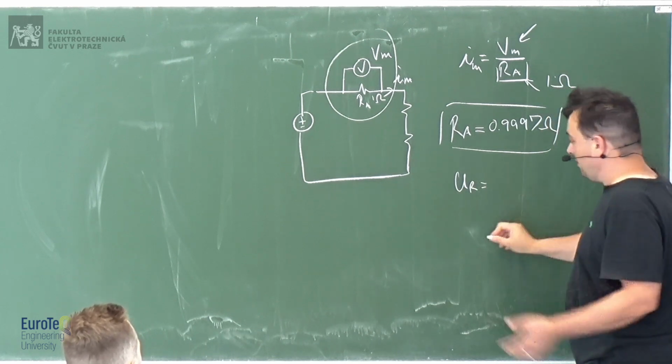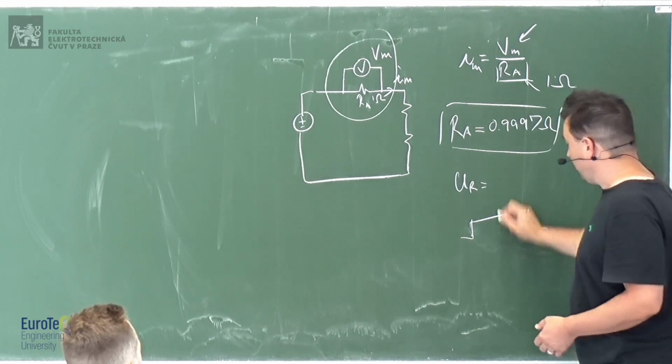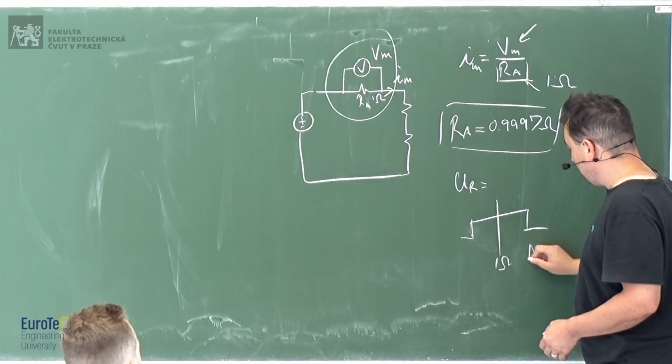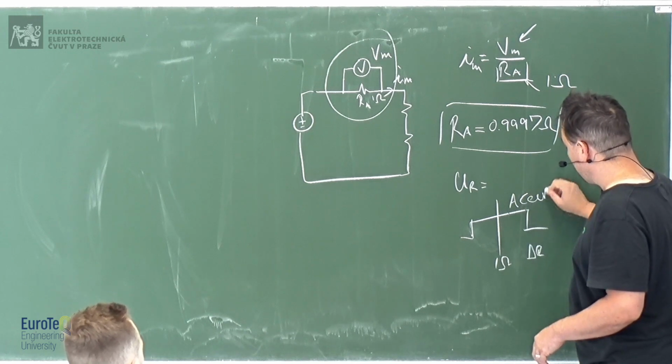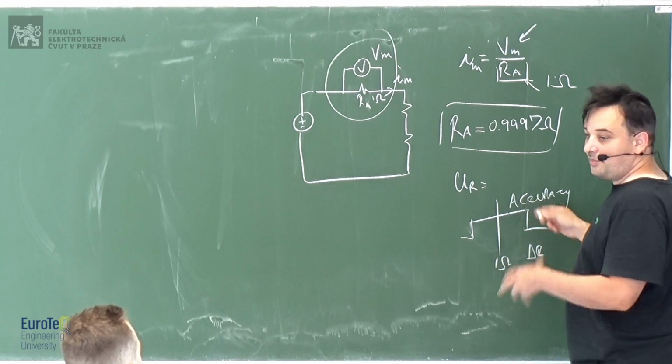Typically, again, if you assume the uniform distribution, you know that it will be 1 ohm plus minus some delta R, okay? You have, again, your accuracy, 1%, 2%, 0.001%.